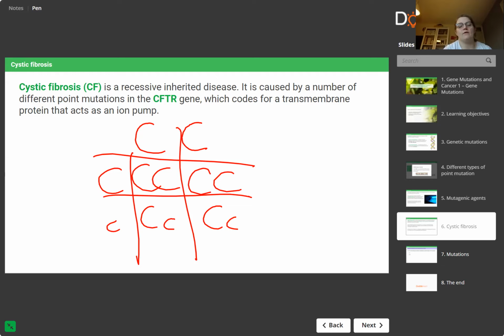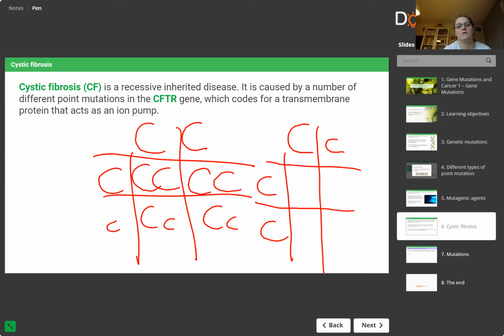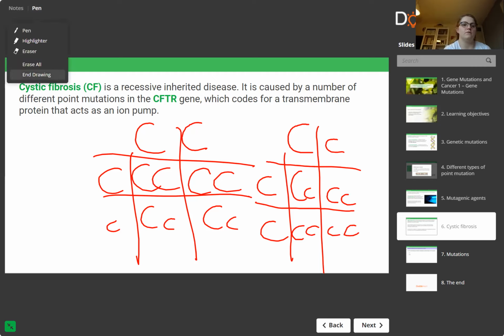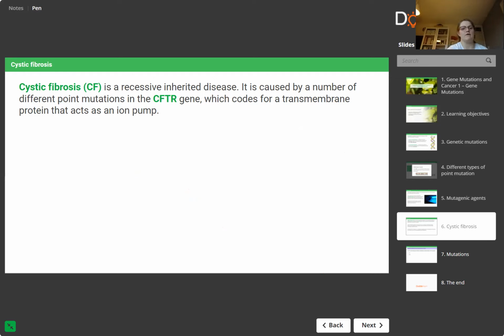Last example, if you had a parent who was a carrier and a parent who didn't have it at all, you could have a 1 in 4 chance of being a carrier, and then the other times you wouldn't carry it and you wouldn't have the disease. So that was me going off on a tangent.